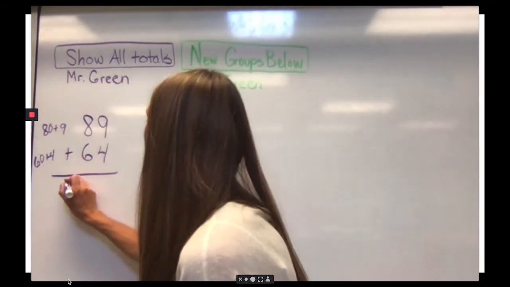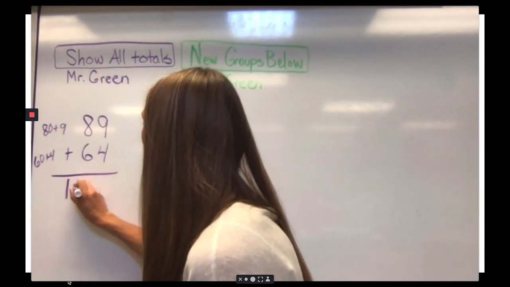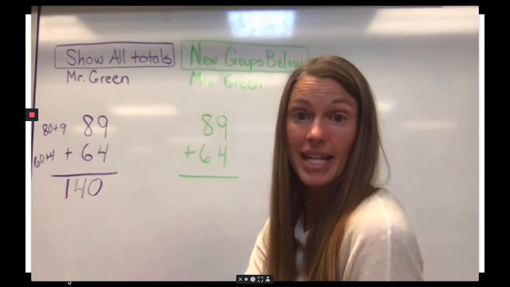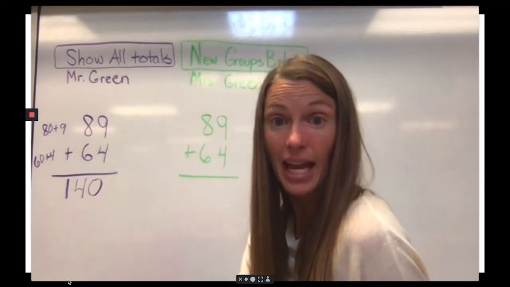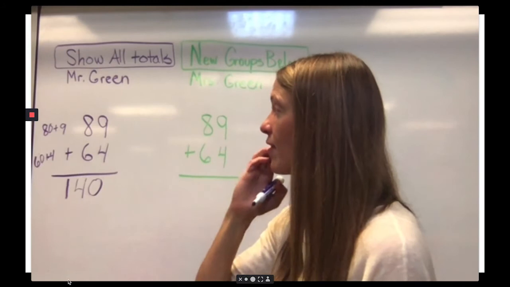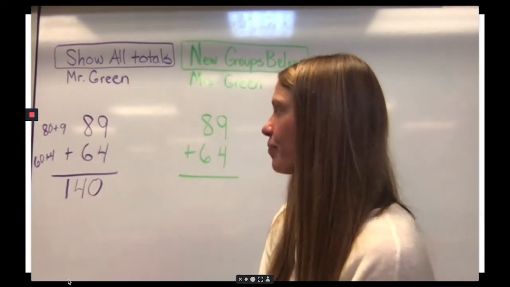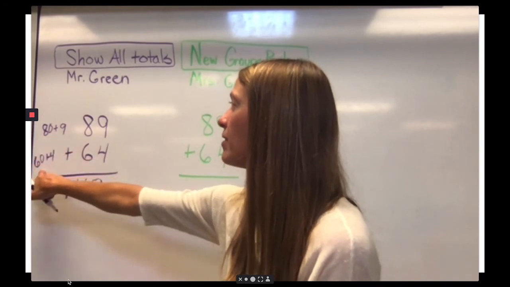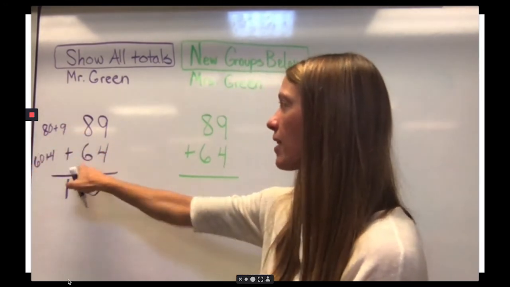Let's look at that. So I have 140, which is the same as saying 14 tens. You could say 14 tens, or you could say 140. Now, I have 140, and that means I've added 80 plus 60, or 8 tens plus 6 tens.